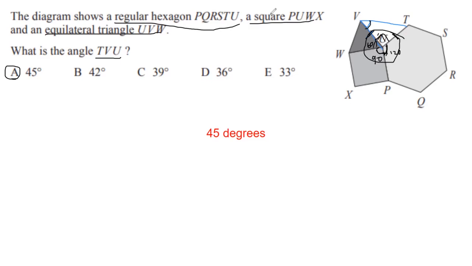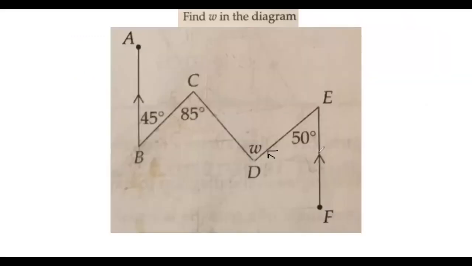So here is a change of pace. Find this angle W in the diagram, and these are parallel lines. I'm actually just going to do this one straight up, since this might be a little bit of a new concept. The main idea with this is to draw assisting lines. The most natural assisting lines would just be parallel lines through C and D, parallel to AB and EF.